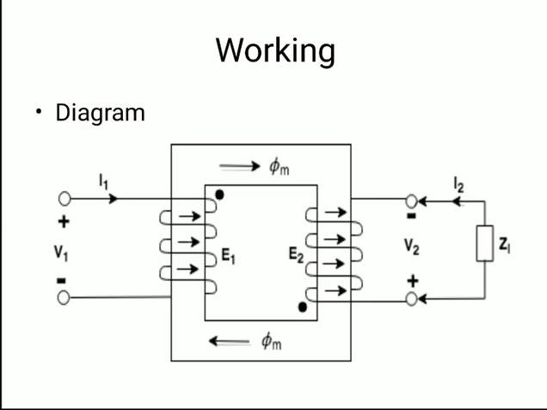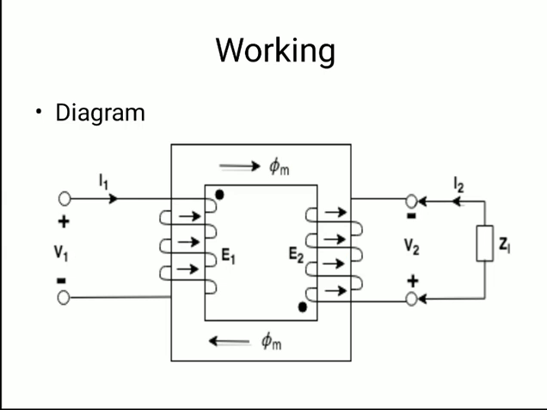When we give AC supply to the primary winding, AC current will flow in that winding, and because of that AC current this flux will get generated. That flux will move from the primary side to the secondary side through the core. You can see the direction here: flux is generated here and moves through the core towards the secondary side.